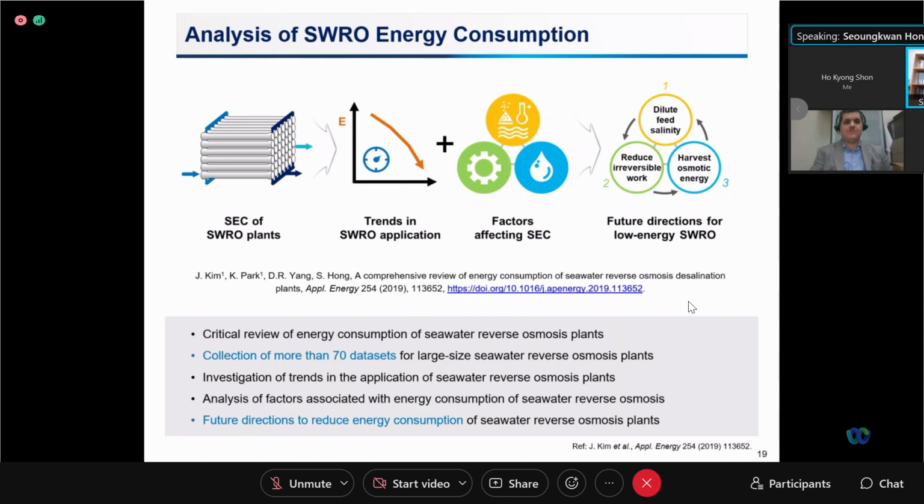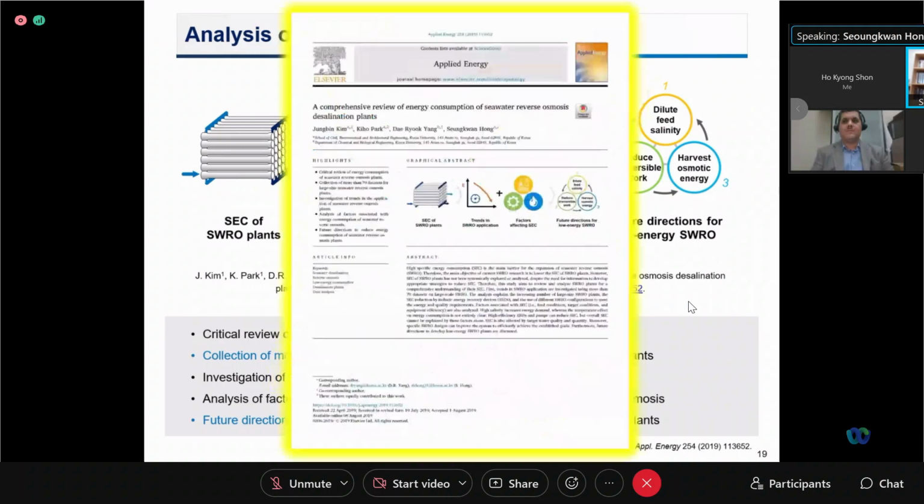Then major technical trends were investigated and identified. Also, critical factors affecting energy consumption of SWRO were analyzed, and future technical direction was suggested to further reduce energy consumption of SWRO plants. This is now available in the literature.